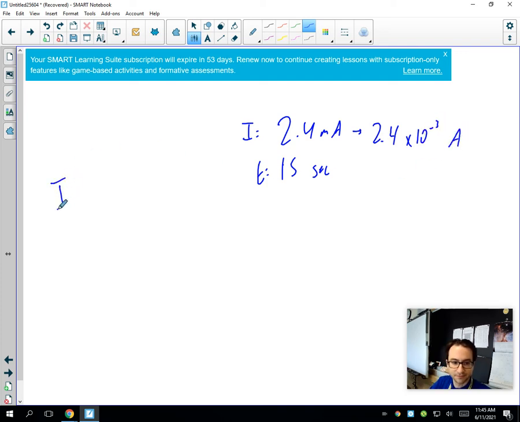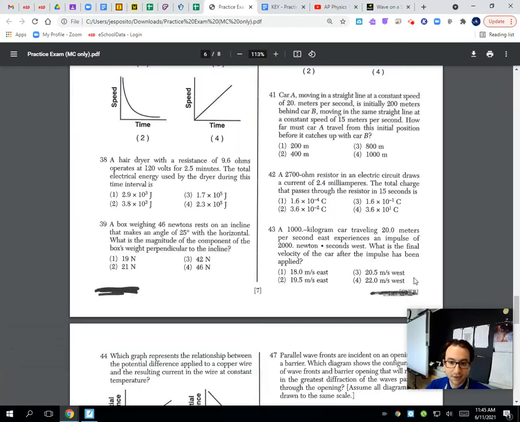And our equation, once again, is Q over T. Okay, so it's just a math problem now. This is your current, this is your time, solve for Q. Plugging it in, you will see an answer of 3.6 times 10 to the negative 2 coulombs, or that would be 0.036 coulombs.